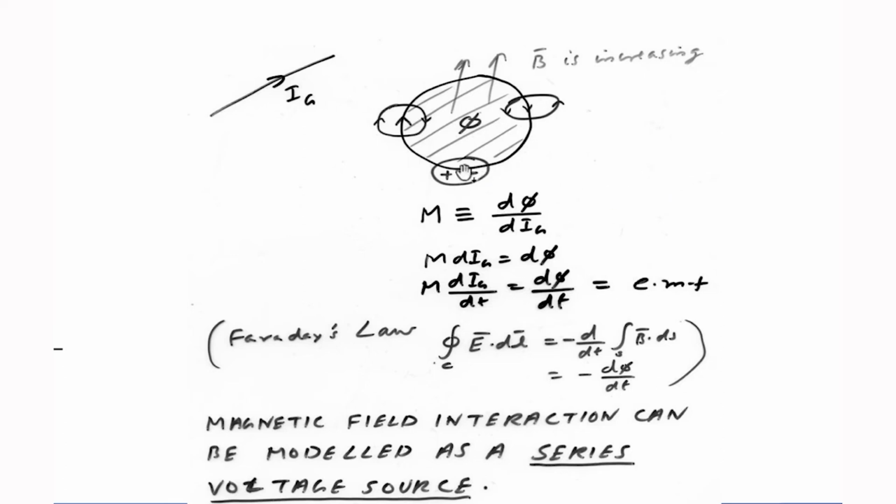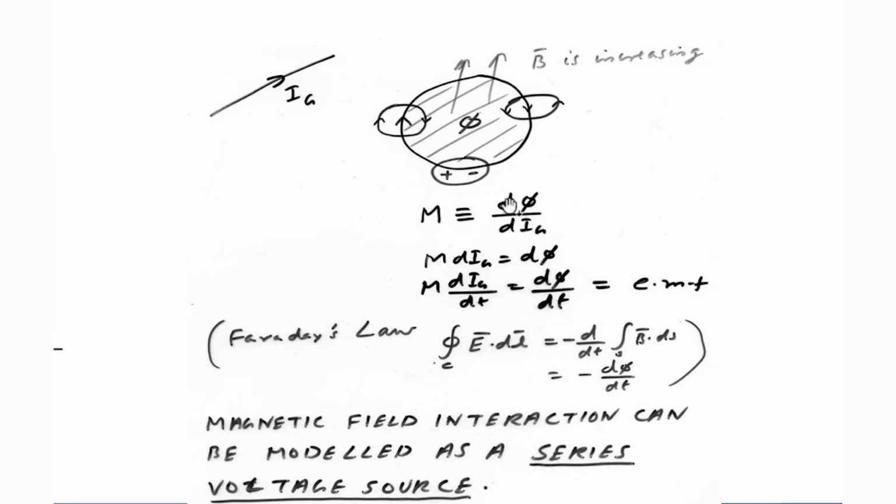Now in the case of a circuit in the form of a closed path, the mutual inductance M between this and this is defined as M identical to the rate of change of total enclosed flux here to the rate of change of the current, that is d phi by dI_G. So this is the definition of mutual inductance. Now you can do some algebraic manipulation.